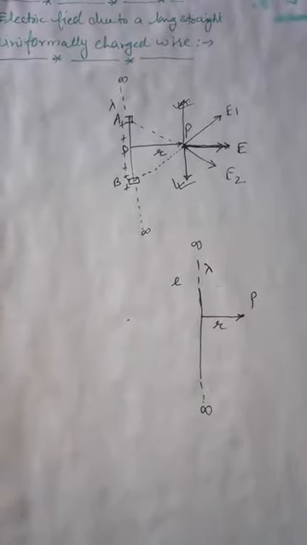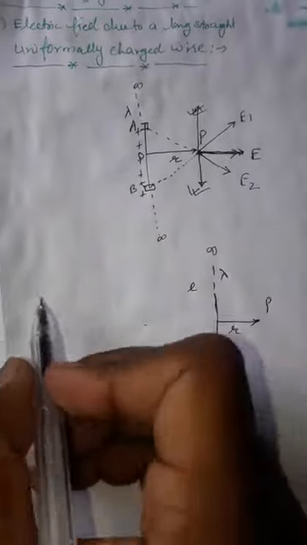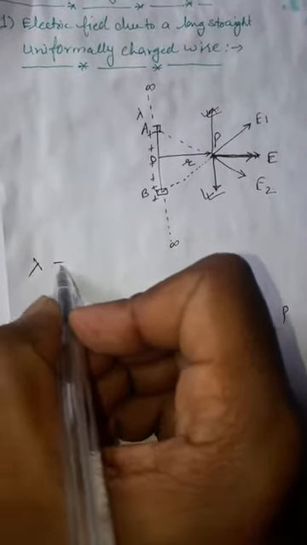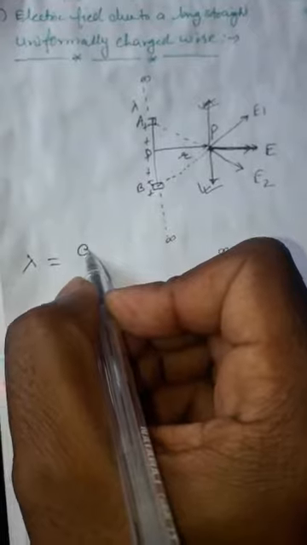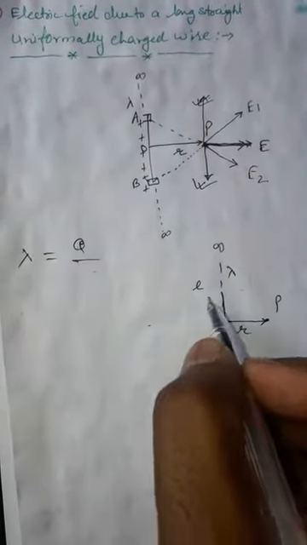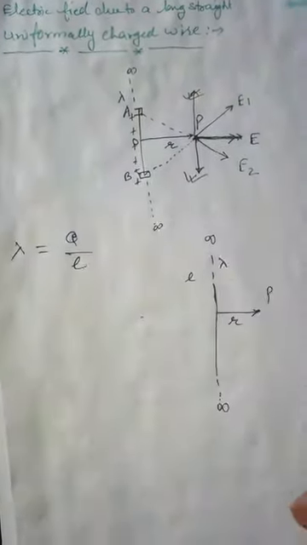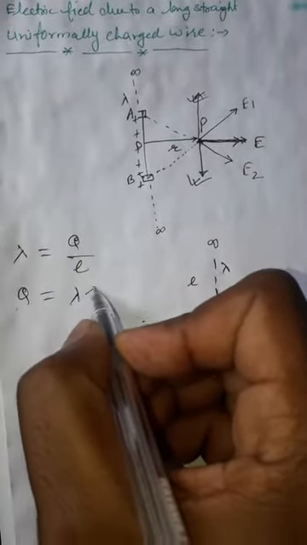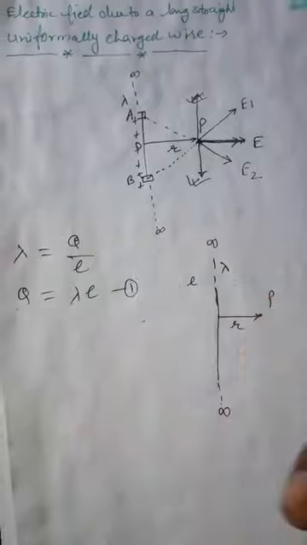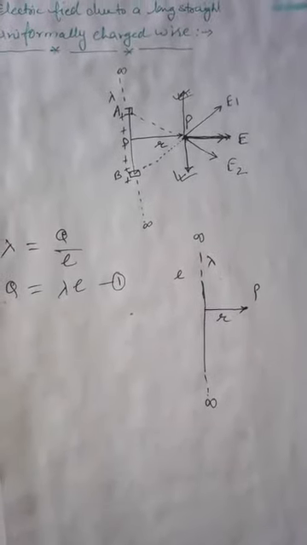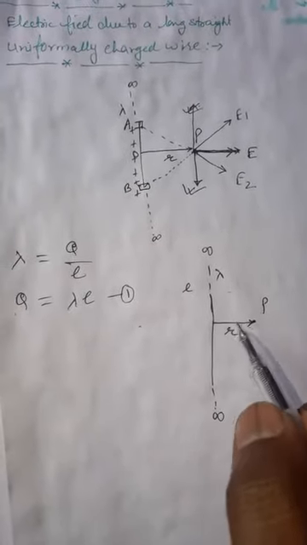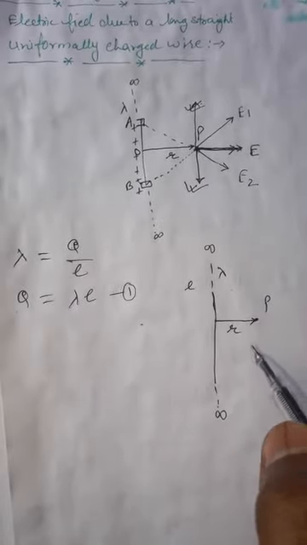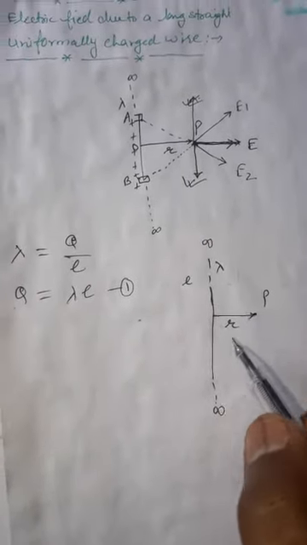Now we know that the linear charge density is given by charge by length, q by L. So from here the total charge on the wire must be equal to lambda into L. This is equation first. Now, in order to apply the Gauss theorem, first of all we have to consider a Gaussian surface.